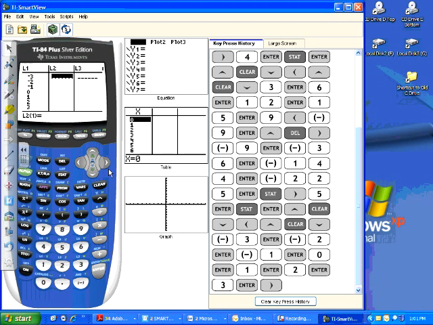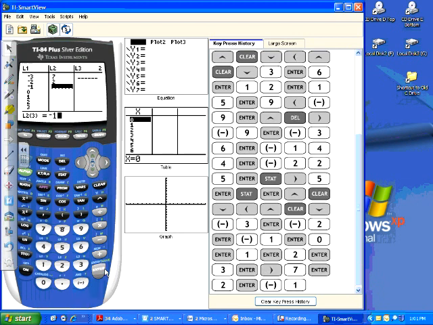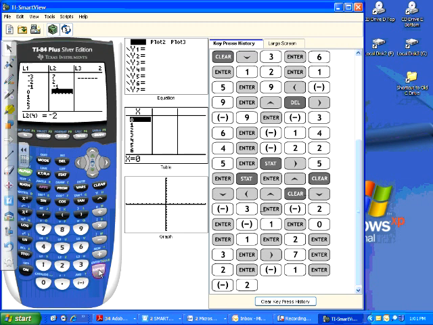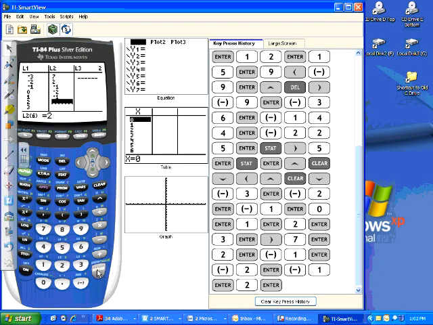So for my L2, I have 7, 2, negative 1, negative 2, back to negative 1, back to 2, back to 7.